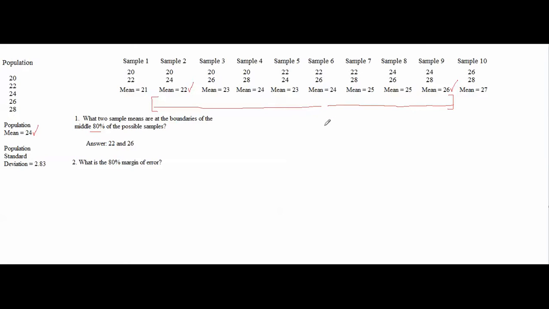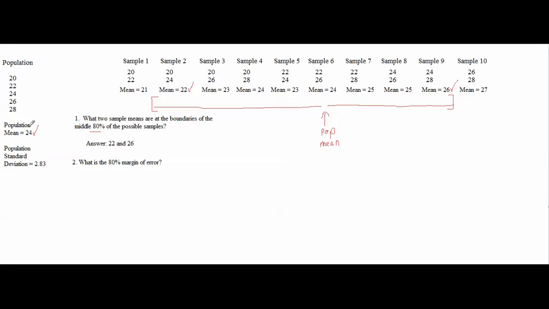This is our population mean of 24. Sample 6 has a mean equal to the population mean of 24. So this is where the population mean of 24 is. If you want to find the margin of error, you could take the population mean of 24 and subtract it by the lower boundary of the middle 80%.